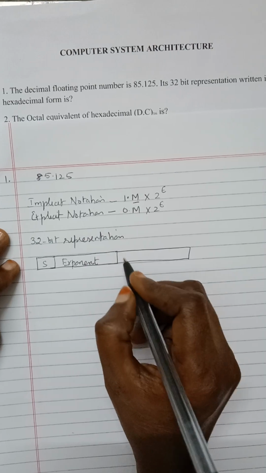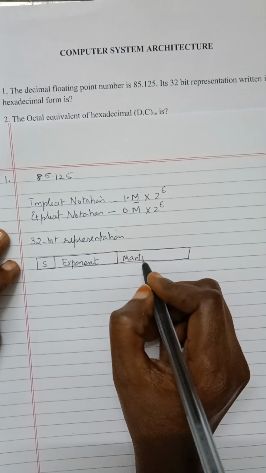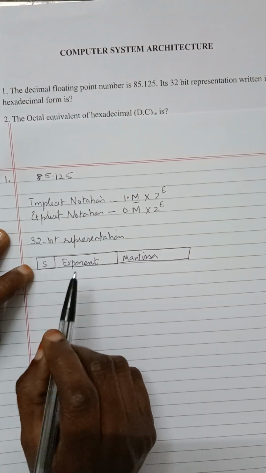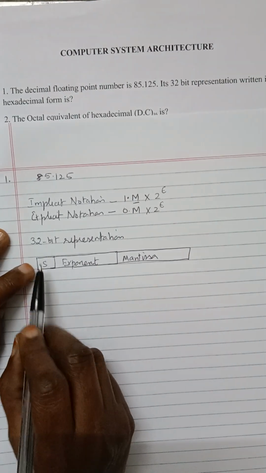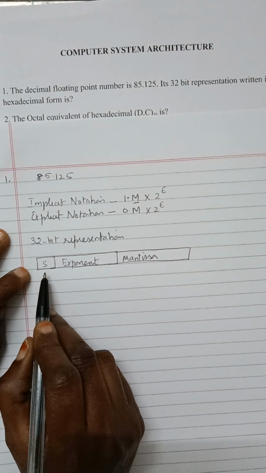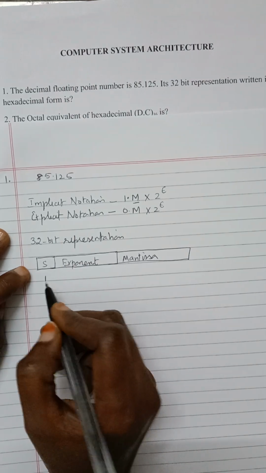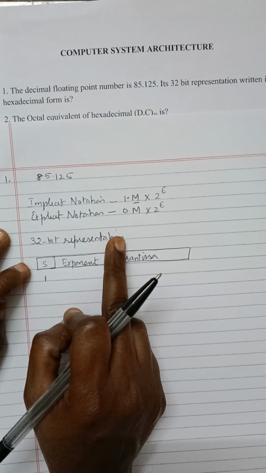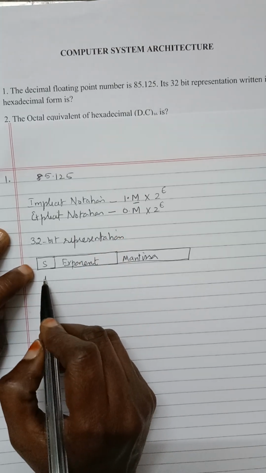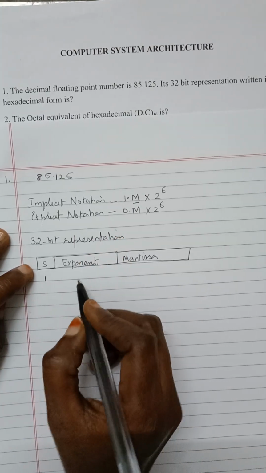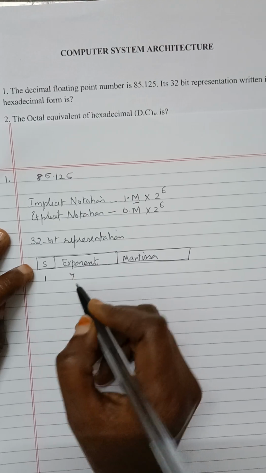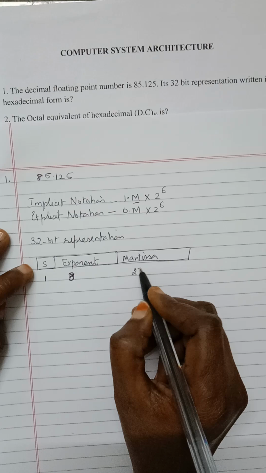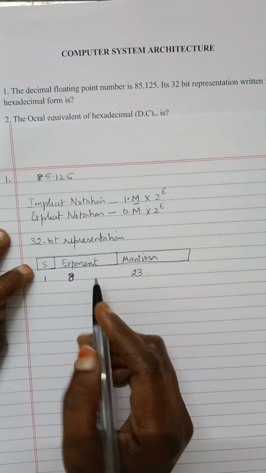In 32-bit representation, we have to know how many bits are there for the sign, exponent and mantissa. The sign gets 1 bit: if it is a negative number the sign value will be 1, and if it's a positive number the value will be 0. Exponent will be 8 bits and mantissa will be 23 bits. This is for 32-bit representation.